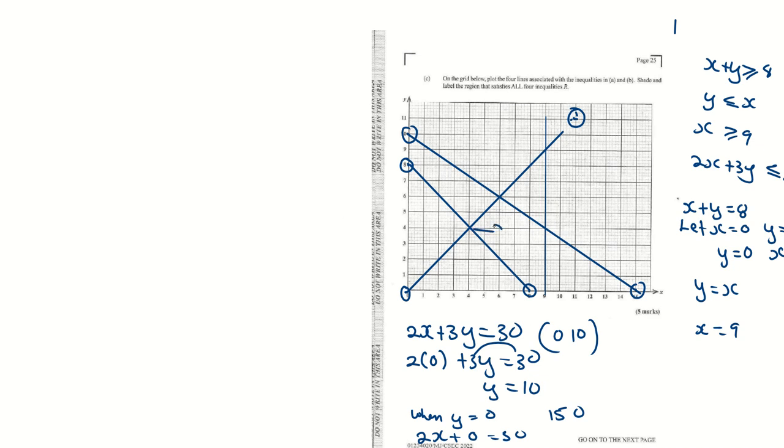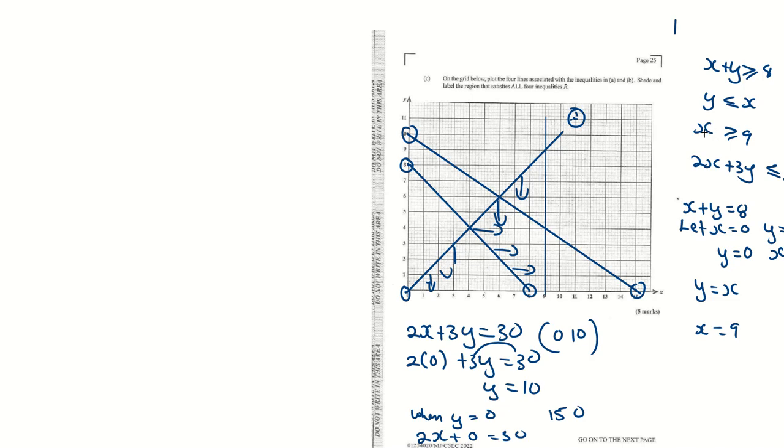This region right here, that is on the right hand side of your line. Then where y is less than or equal to x would be below the line, right? That's this region here.